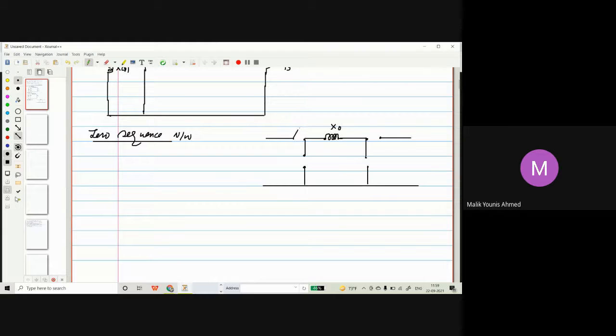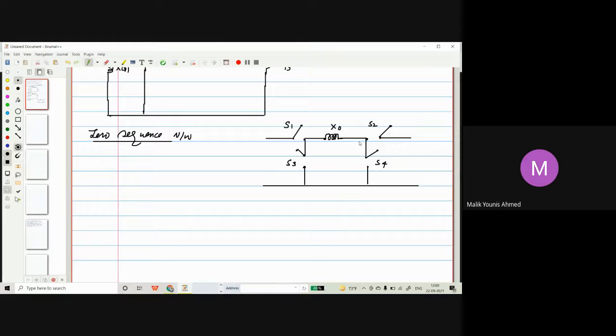One will be like this, another like this. Whatever way you draw them, these are switches just to close and open. The series switches are S1 and S2, and the shunt switches will be S3 and S4. This is the zero sequence reactance.